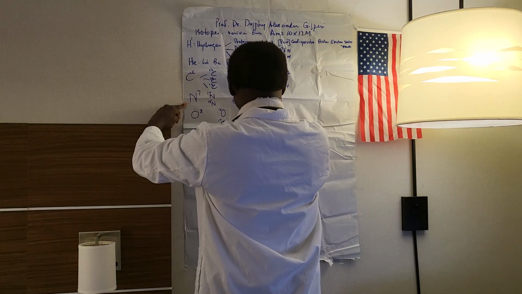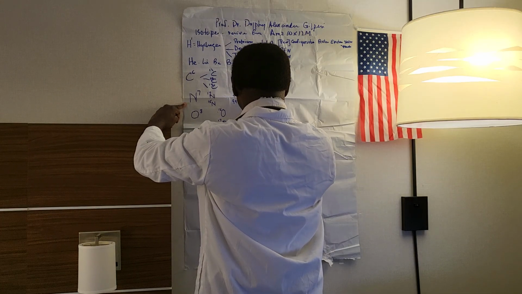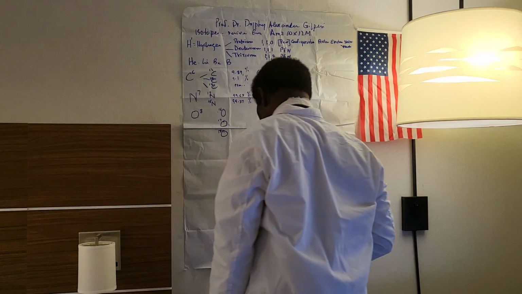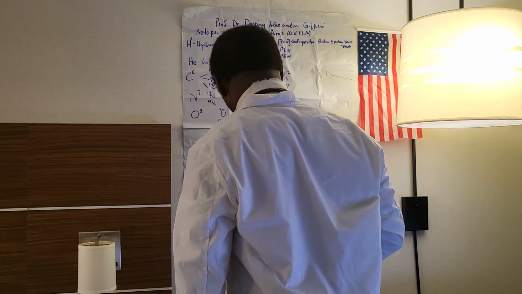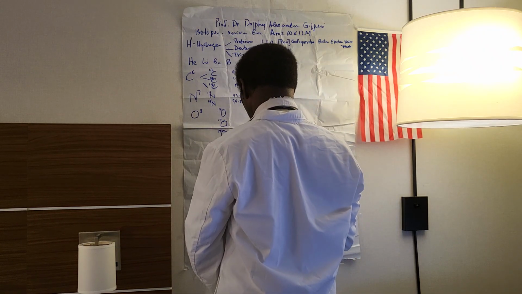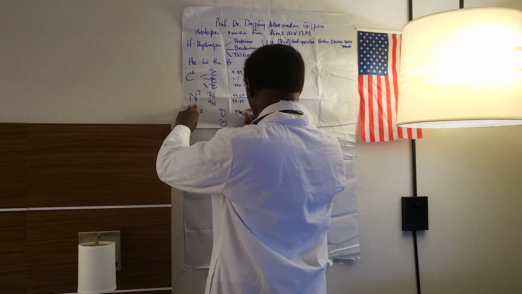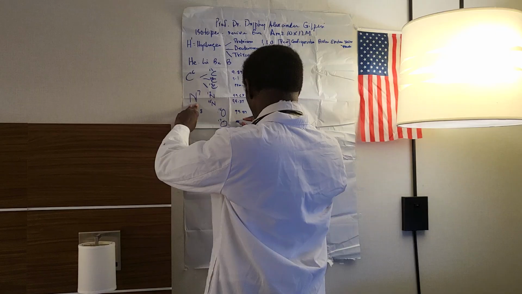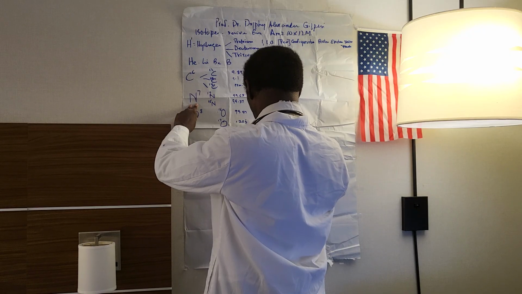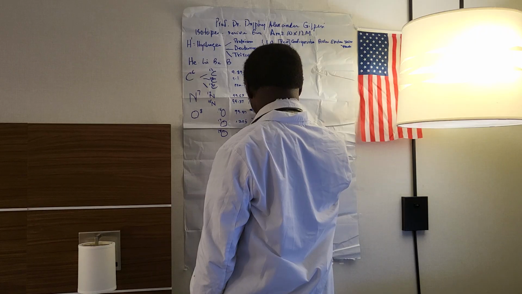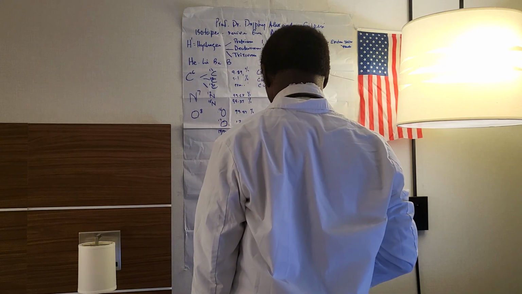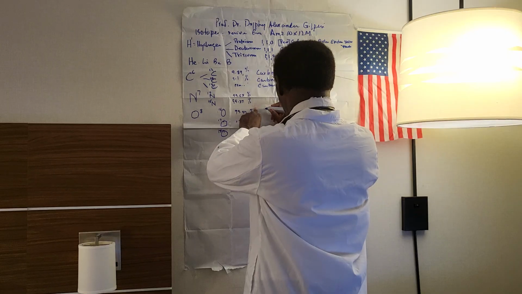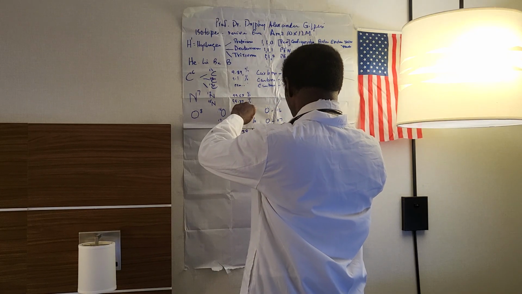Abundance, this will be percentage here, about 99.97, and some extrapolations here. Oxygen 17, oxygen 18.